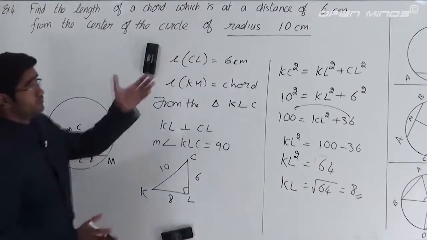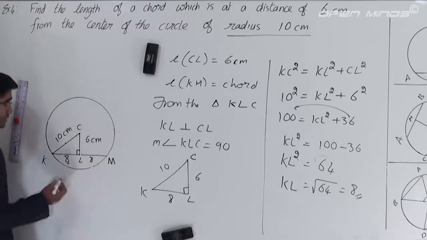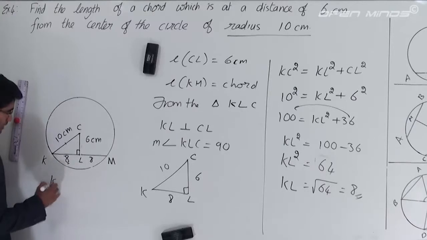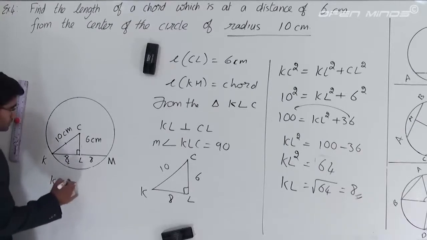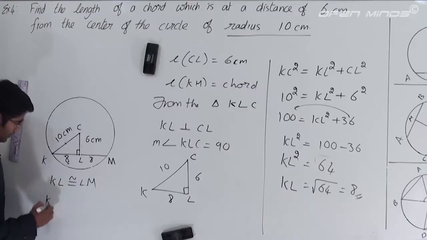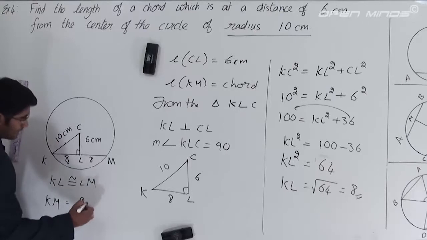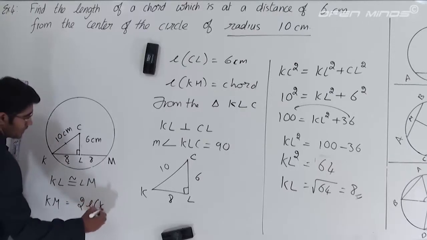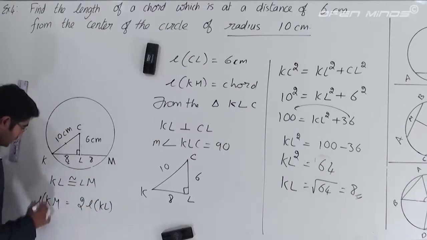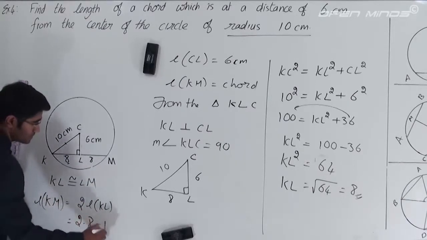From the first property, which says if CL is perpendicular to KM, then KL would be congruent to LM. So I can just write that KM, that is the full length, is nothing but twice the length of KL. So that is 2 times 8, which will give me 16.